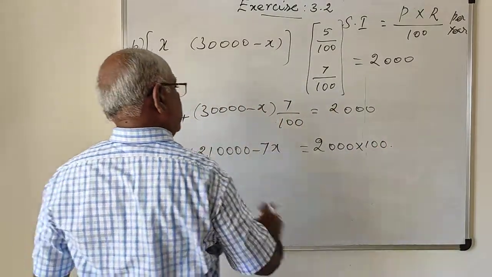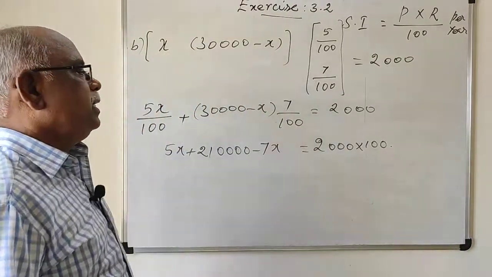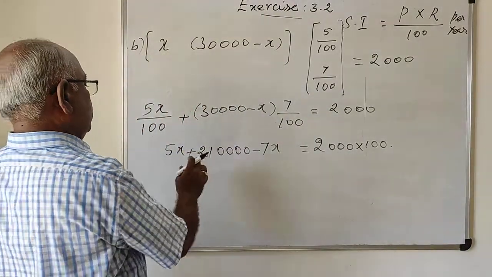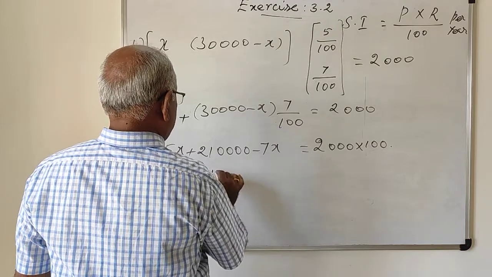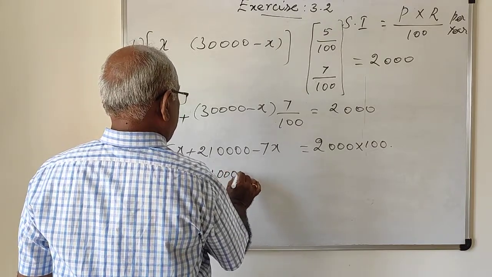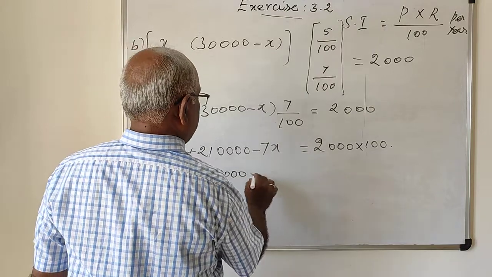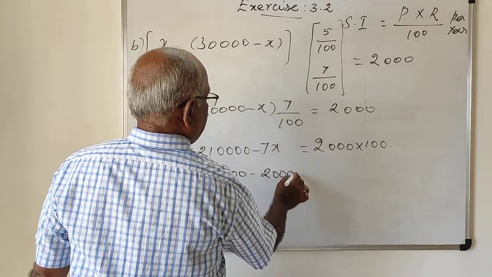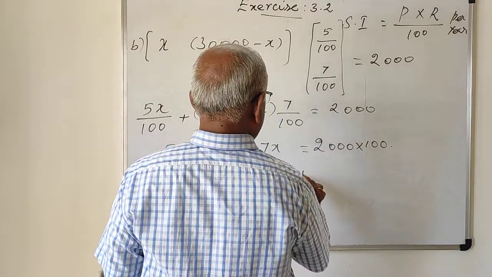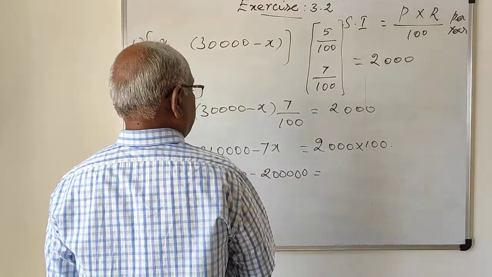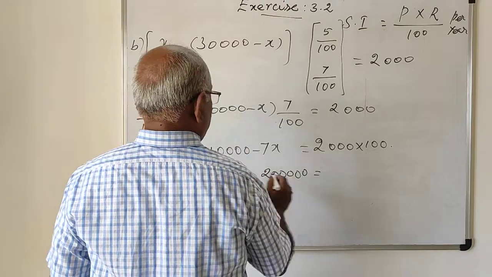This 100 LCM, you bring it to the right hand side, it is multiplied by 2,000, you will get again 2,10,000 minus 2 lakhs is equal to 5x minus 7x, which is minus 2x.